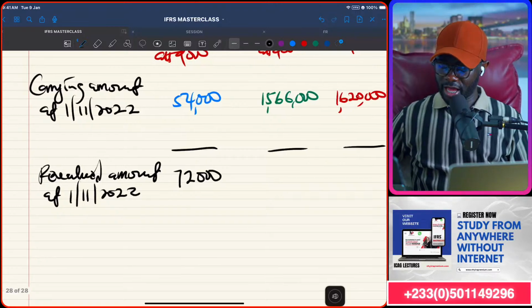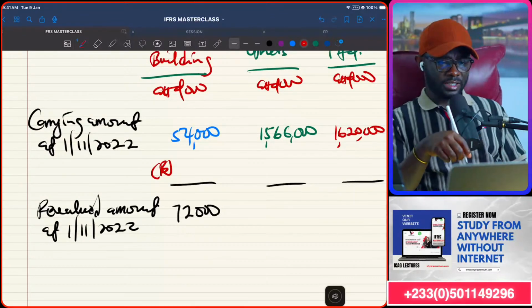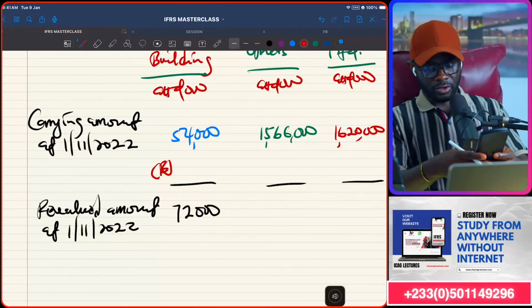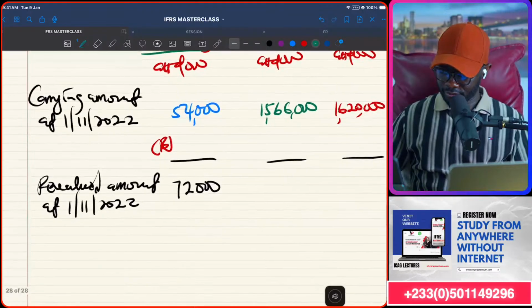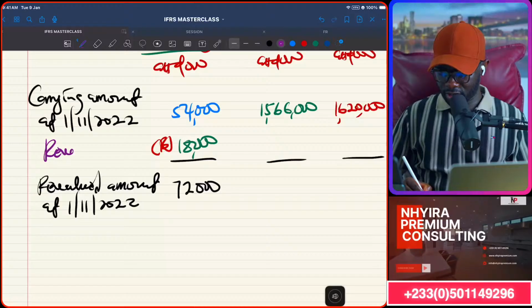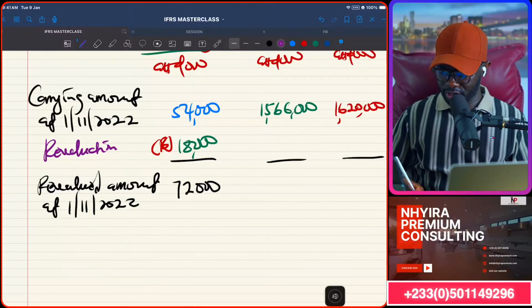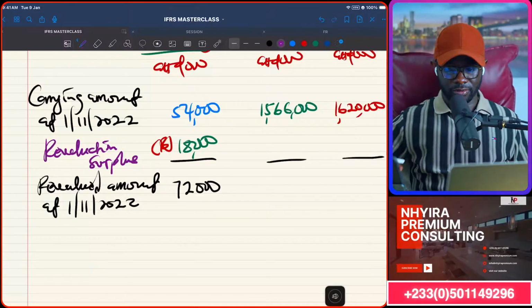Again, you see that I read, hold my breath, interpret, right? So the balancing figure for the building, 54 to 72, has gone up by 18,000. And that's going to be revaluation surplus. And we'll take that to the other comprehensive income, and also revaluation surplus under equity.